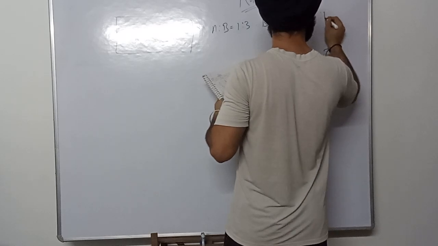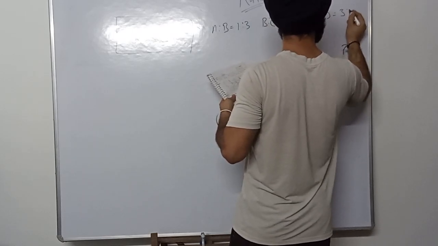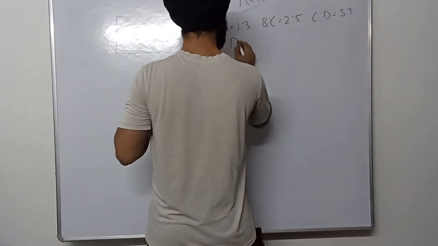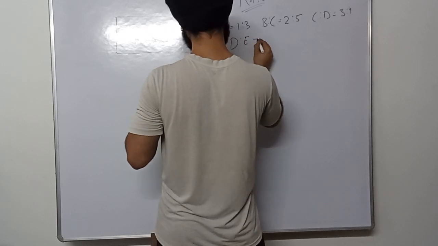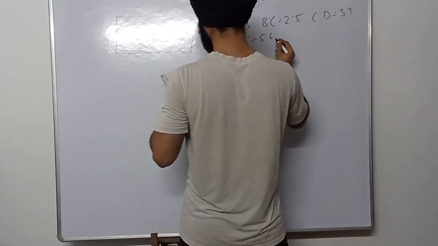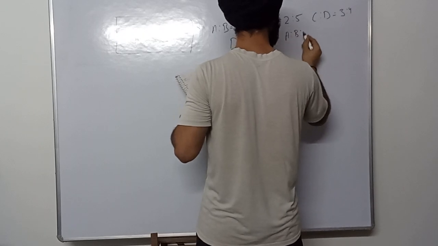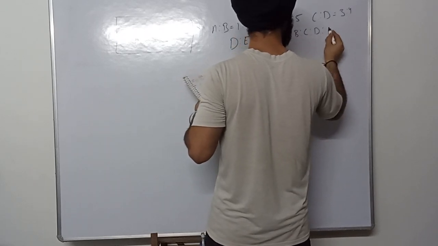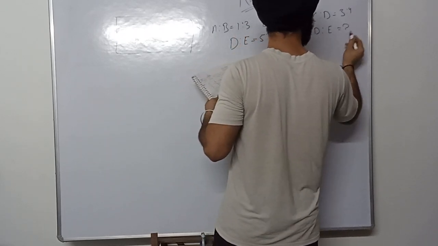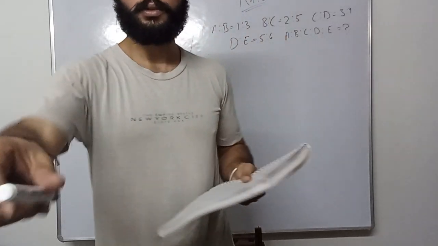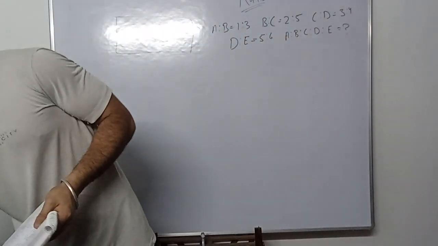C ratio D is equal to 3 ratio 4. D ratio E is equal to 5 ratio 6. We have to find A ratio B ratio C ratio D ratio E. This is our question. So let's start our answer.